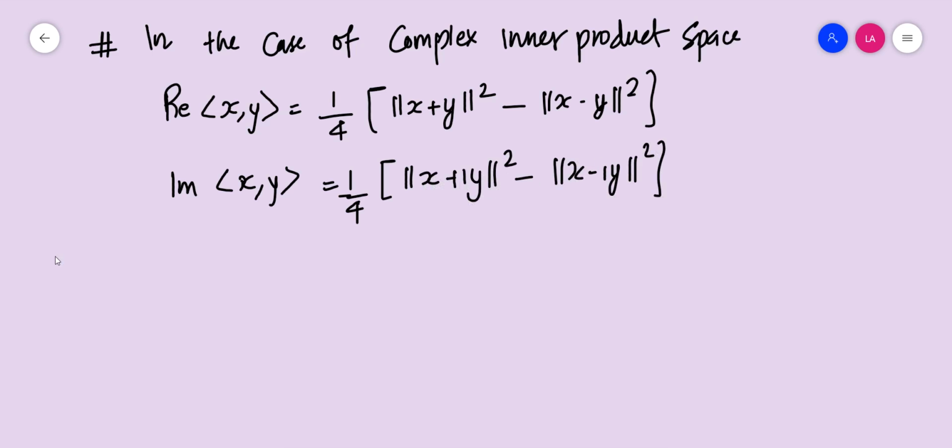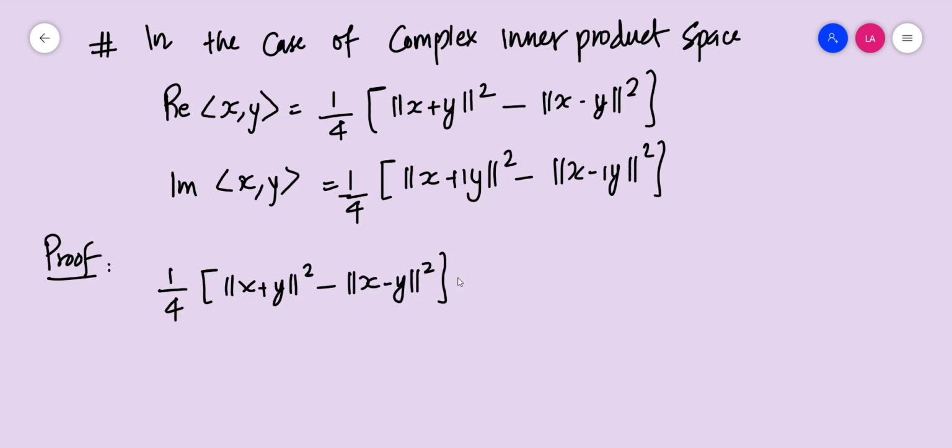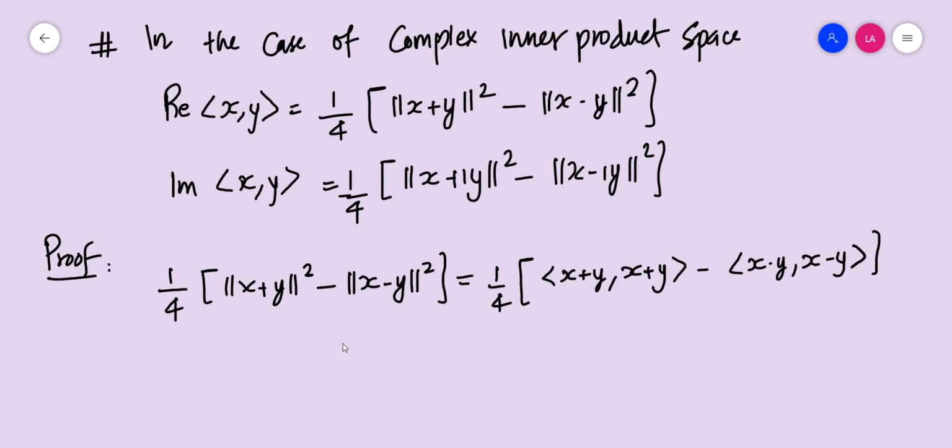So we have to prove this. Let's get on to the proof. We already know that 1 by 4 times norm of x plus y the whole square minus norm of x minus y the whole square is equal to 1 by 4 times inner product of x plus y with itself minus inner product of x minus y with itself.